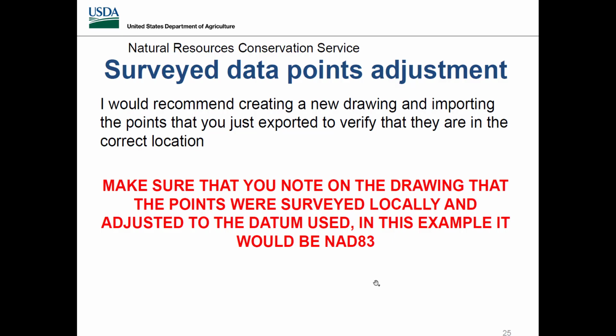So just make sure when you have completed the drawing and you move those points, that you note on the drawing that the points were surveyed locally and adjusted to the datum used, and in this example would be NAD 83. This concludes the training on moving surveyed data points to a geospatially referenced location.